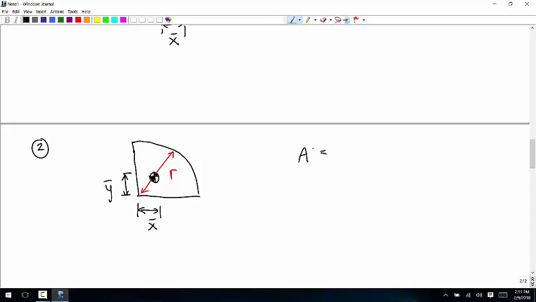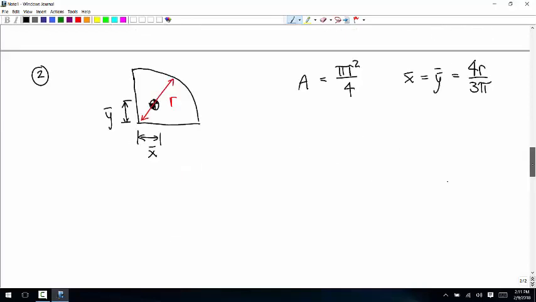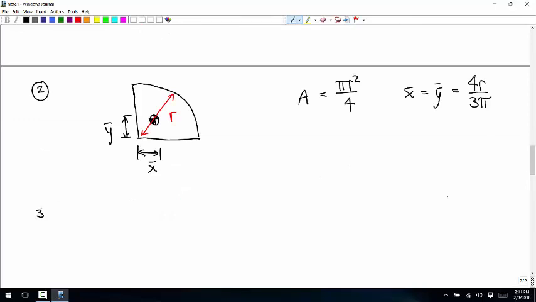The area of this shape, it's a quarter of a circle, so pi r squared over 4. And x bar and y bar are the same, and those are 4r over 3 pi. And then the third shape is a half of a parabola.